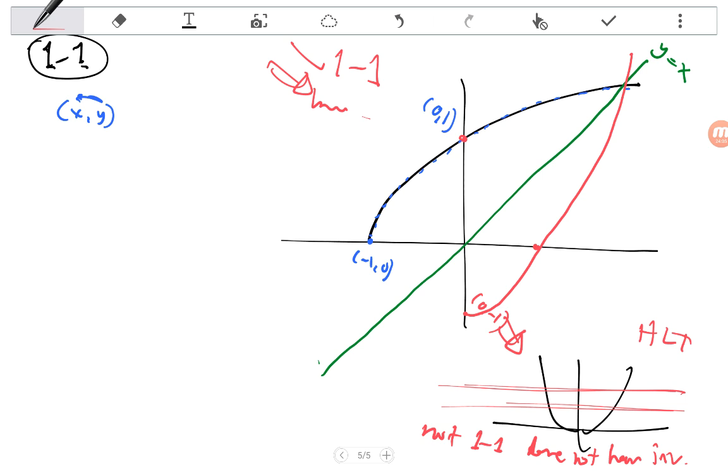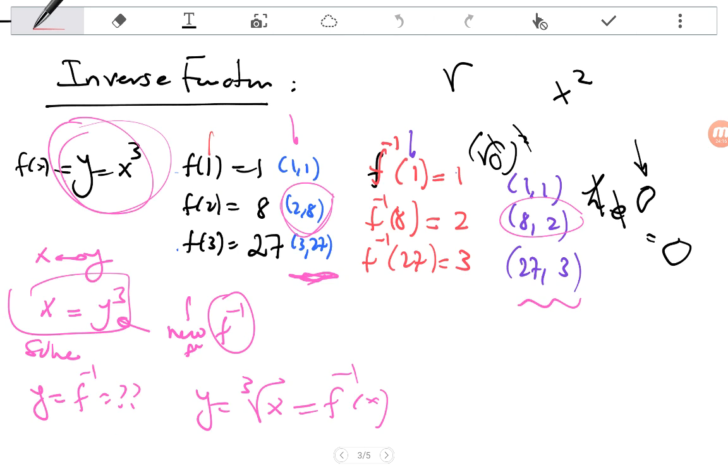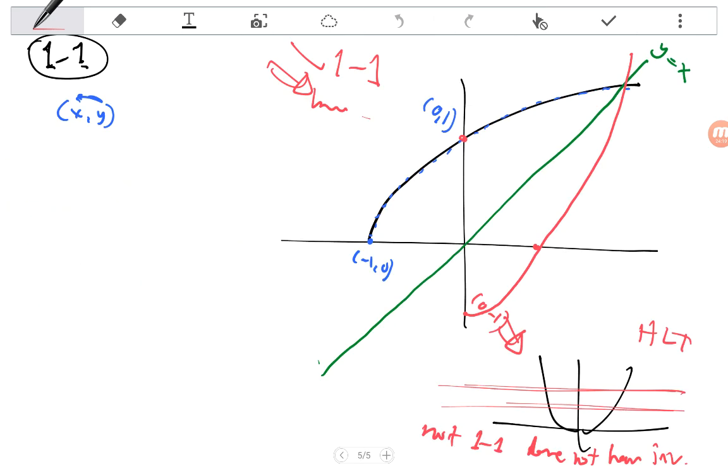Okay, now how to treat the domain and range? Just before this, we have interchanged x and y. So whenever we have an inverse function, if we have y equals f of x, and this function has a domain Df and has a range Rf, what would you expect would be the range and the domain of the inverse?